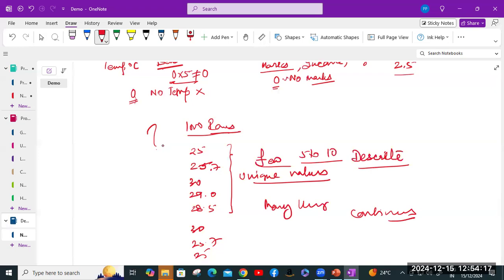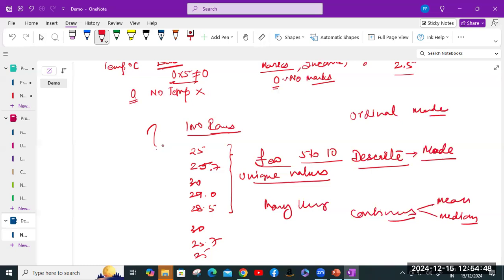So why do we do all this classification? In the discrete data, you always see the mode of the data. You don't measure the mean and median. But in continuous data, we use mean and median as a measure of central tendency. What is my point? Ordinal also we use mode.